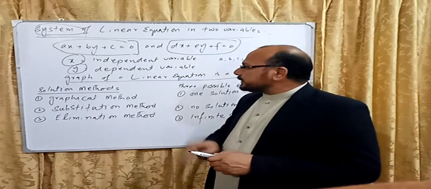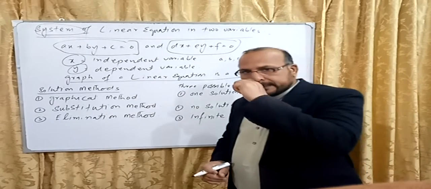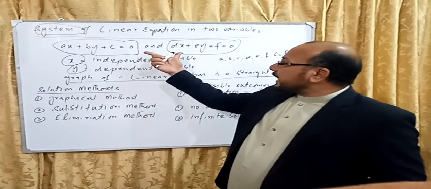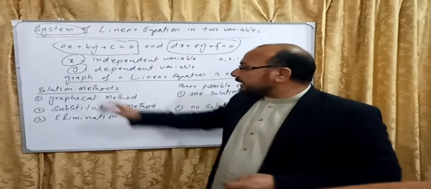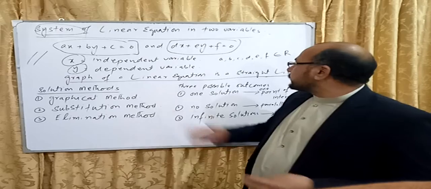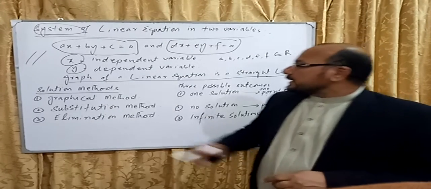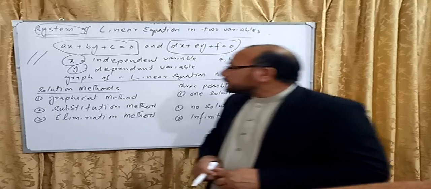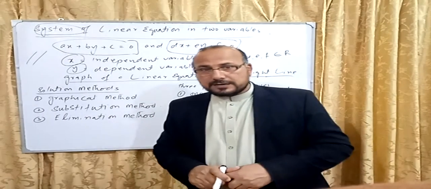If we need to draw this kind of equation graphically, it should be a straight line. Now we have two equations in the system. If we have two equations, it means we have two lines, and we should have some different conditions when we draw the graph of the two lines.